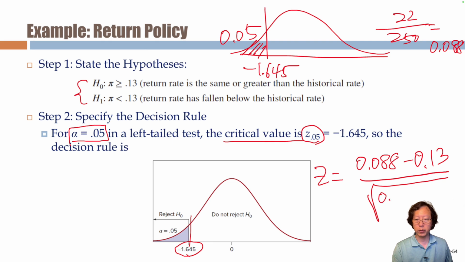It is 0.13 and 1 minus 0.13. Again, here what we are calculating, z or probability, is under the assumption the null hypothesis is true. So we have to use this, and the sample size was 250.